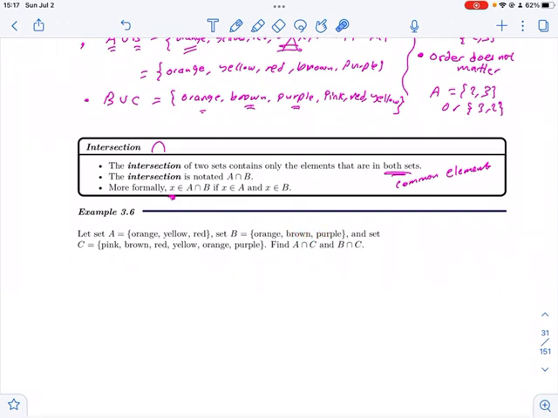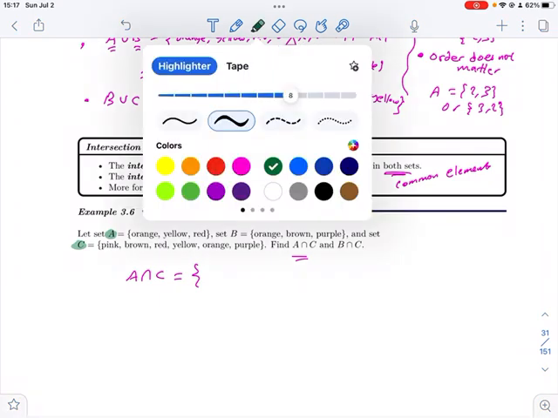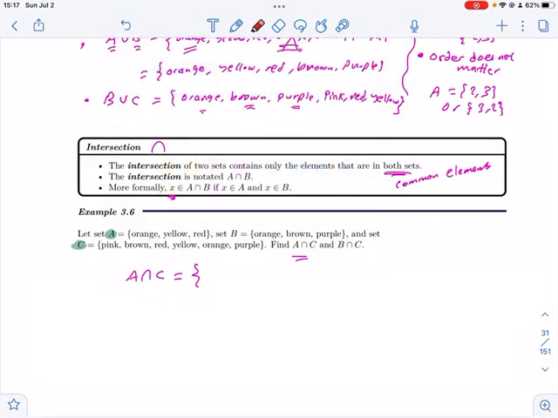We want to find the intersection first. A intersect C. So this is set A and this is set C. We want to find the common elements, so let me use the red color to find the common. We have orange here, and it's here as well. So this is one of the common elements. And we have yellow, so it's in both. We have red here and red here, so it's in both.